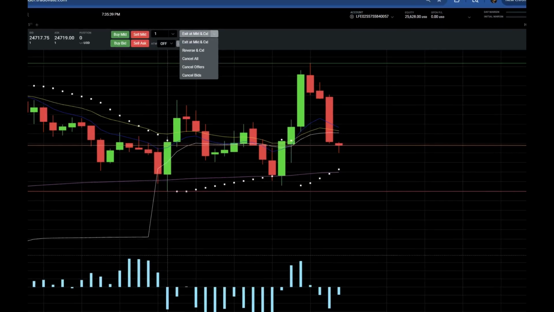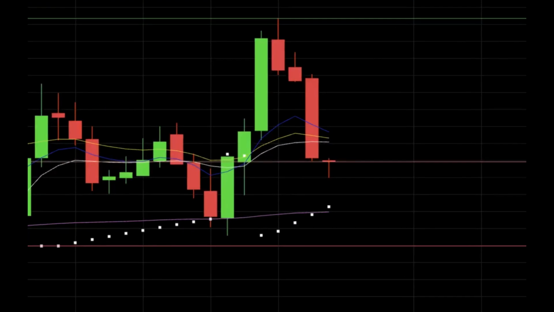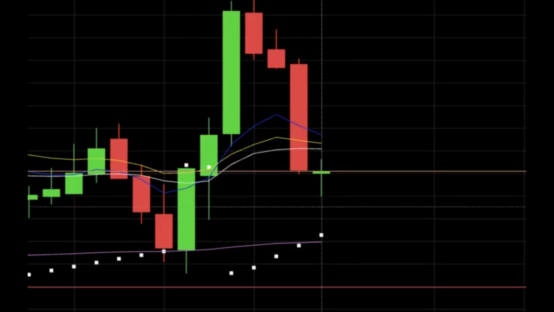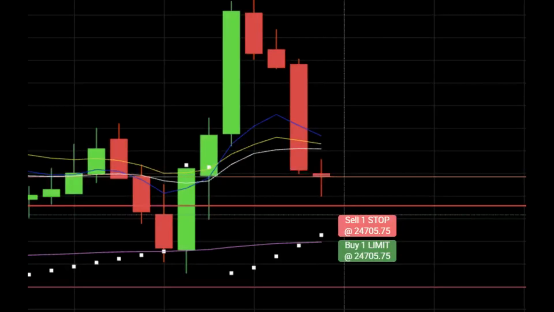The only other thing you really need to do is down here, you can click anywhere to set up a sell or a buy. You can use it to enter a trade by setting it here, for example. If it goes down to here, maybe you want to do a buy there. And you can use it as a stop loss as well.